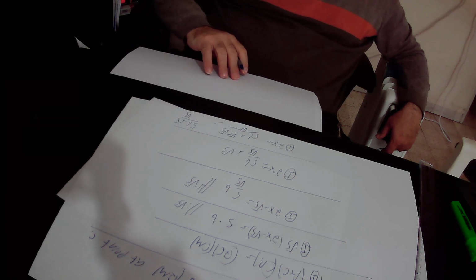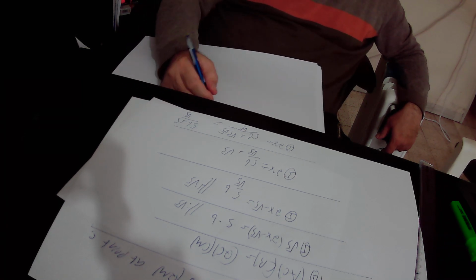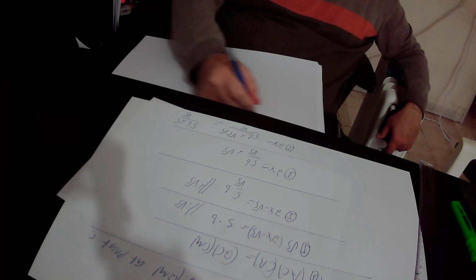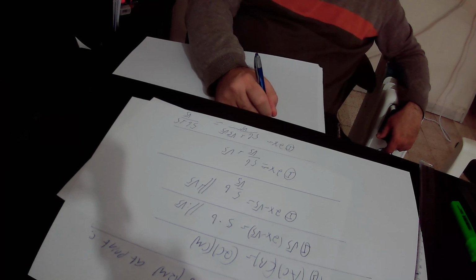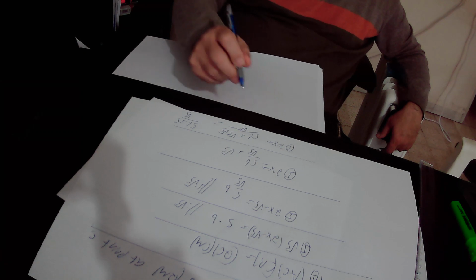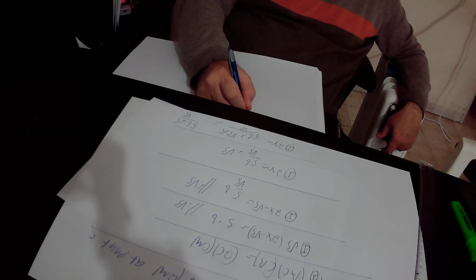In conclusion, we found out that according to equation number 1, 2x equals 5b plus 5 over square root of 5.